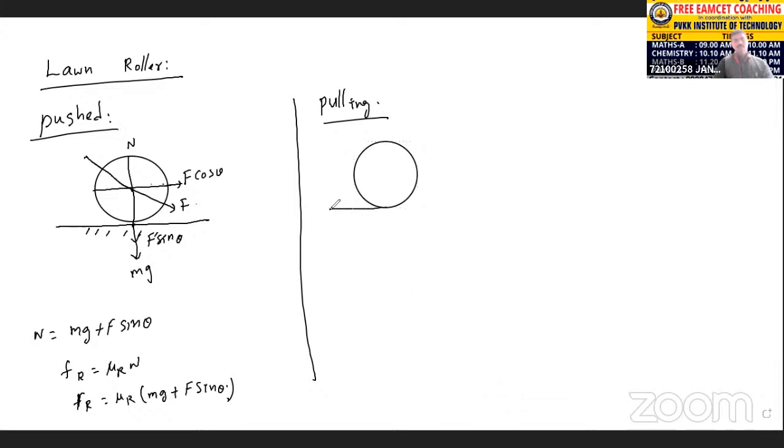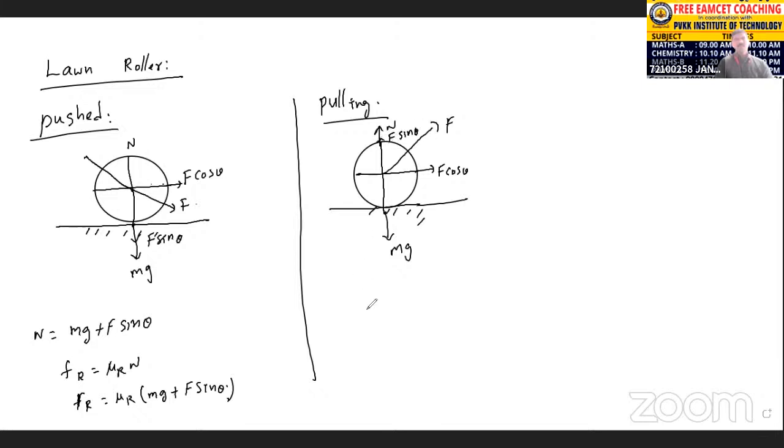So this is a horizontal surface with a roller. This roller is pulled with force F. The normal reaction n is in the upward direction, and the weight of the body acts in the downward direction, mg. This pulling force is divided into two components: one is F cos theta, another one is F sin theta.